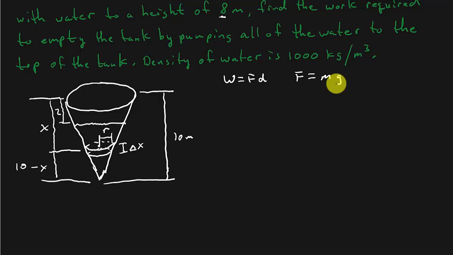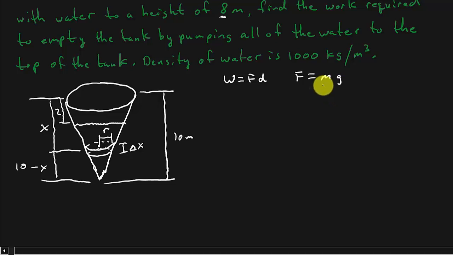Well, to figure out the mass, it says the density of water is 1,000 kilograms per cubic meter. So I need to figure out the volume of this little slice and multiply it times 1,000 to get the mass.